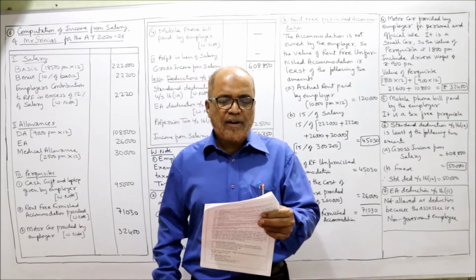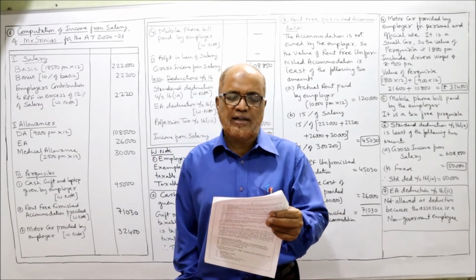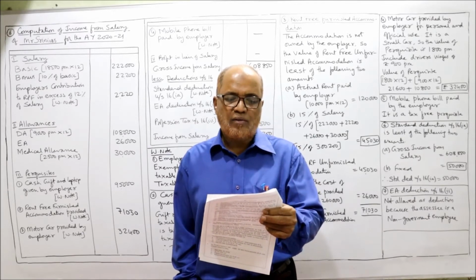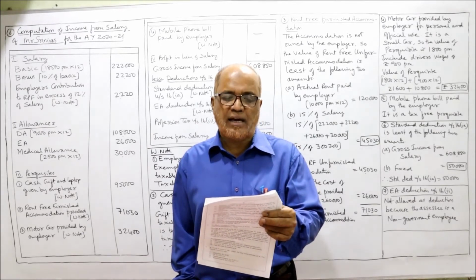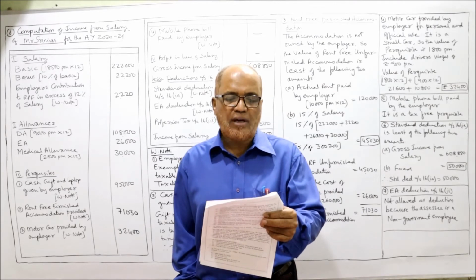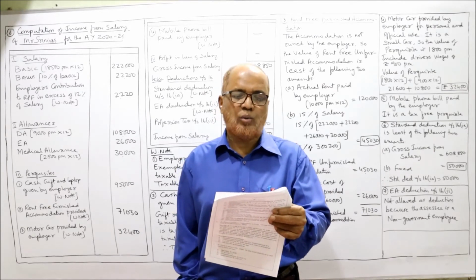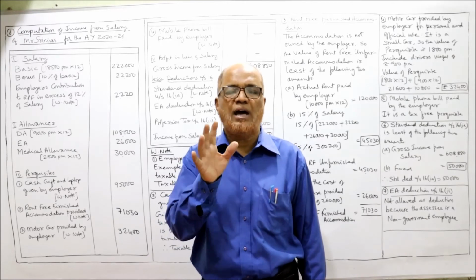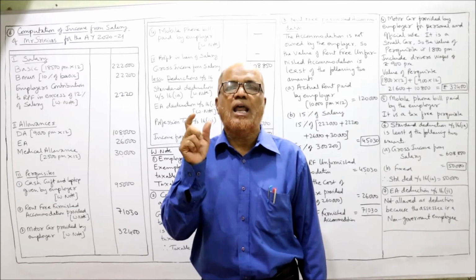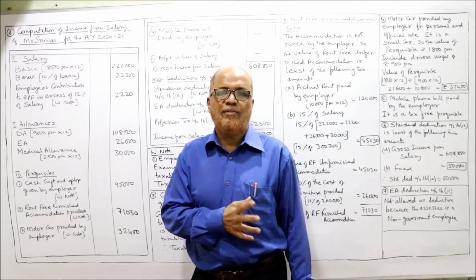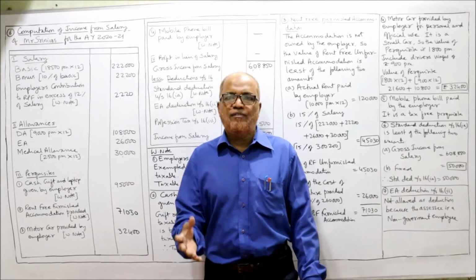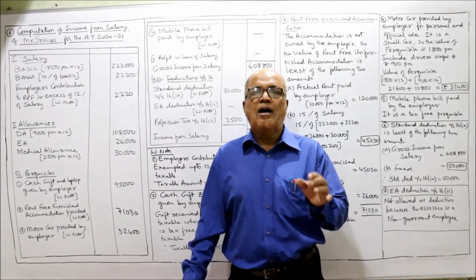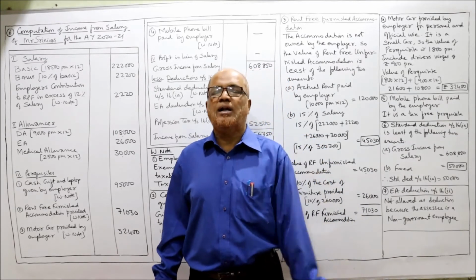Next, rent-free furnished accommodation is provided in Sholapur city, population 37.56 lakhs, for which rent paid by the employer is 10,000 per month and cost of furniture provided 2,60,000. Now, carefully you remember the provisions. Already I have explained the provisions regarding rent-free accommodation in the theory video in detail. So if you have watched the theory video, definitely you know the provisions for calculating the value of rent-free accommodation.